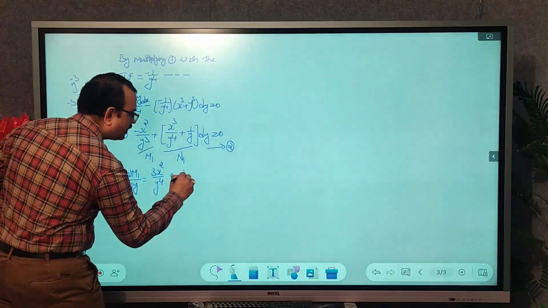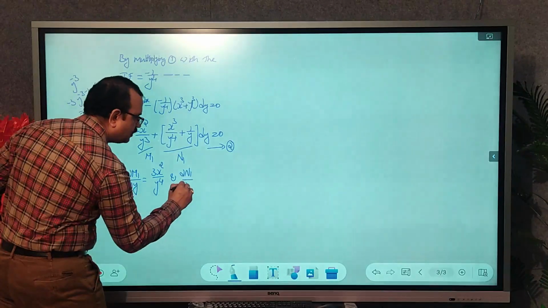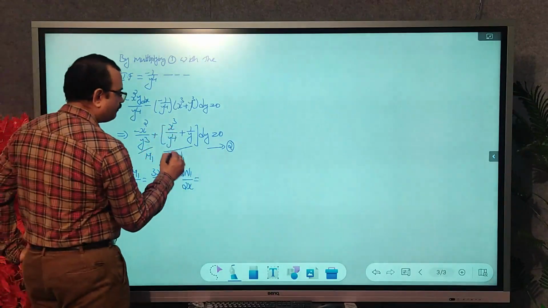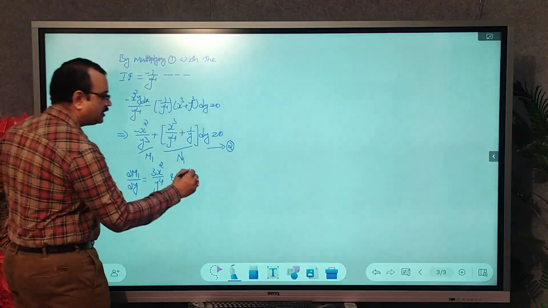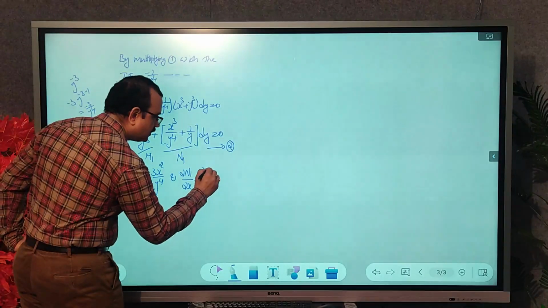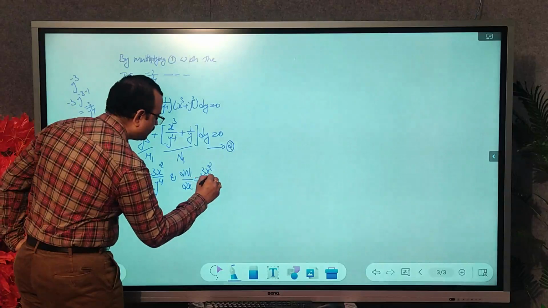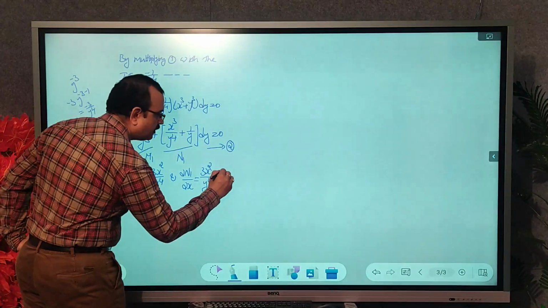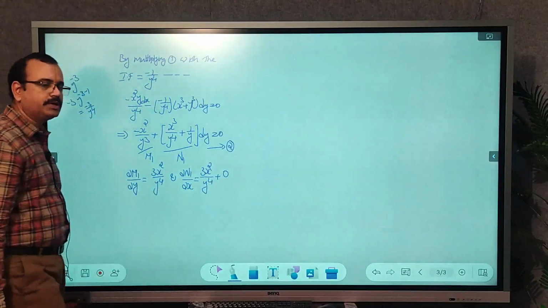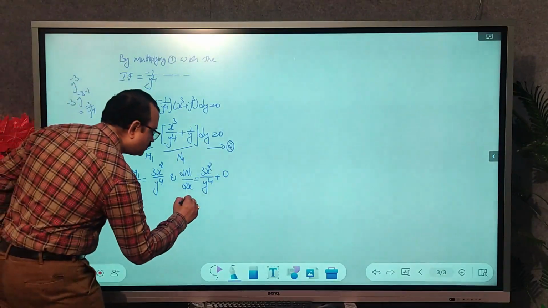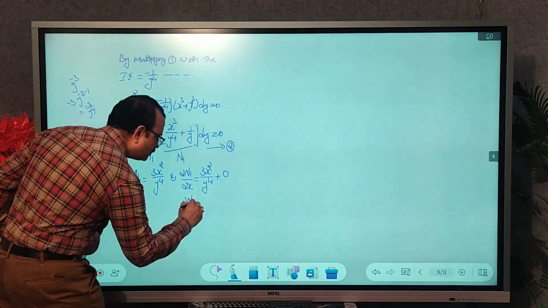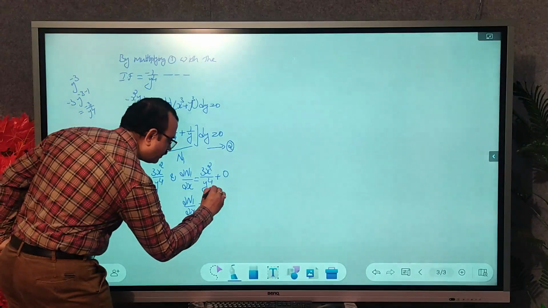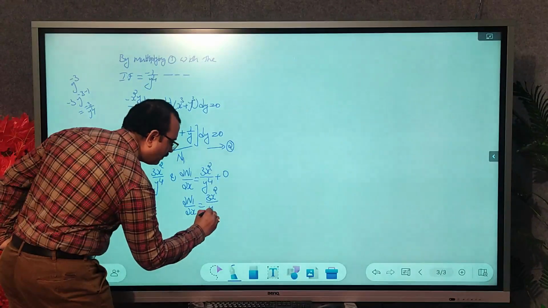Similarly we will calculate ∂N1/∂x also. The derivative of x cube, because 1 by y power 4 is a constant here, is 3x square divided by y power 4, plus the derivative of 1 by y is 0 because y is a constant. So ∂N1/∂x is equal to 3x square by y power 4.